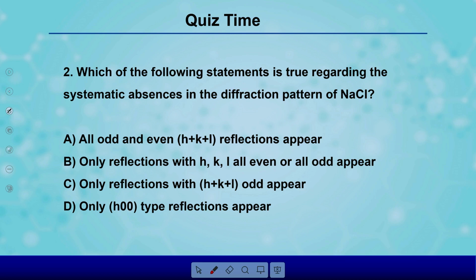We have 4 options. All odd and even h plus k plus l reflections appear. Only reflections with h, k, l all even or all odd appear. Only reflections with h plus k plus l odd appear. And only h00 type reflections appear.